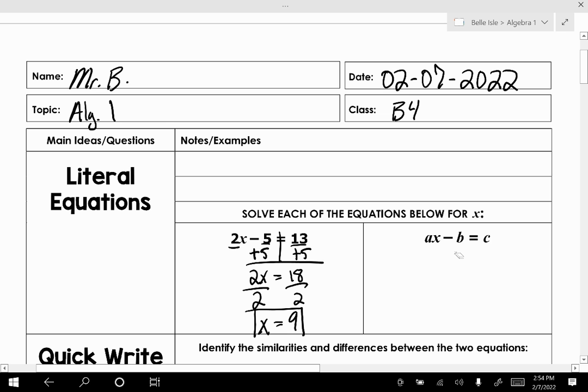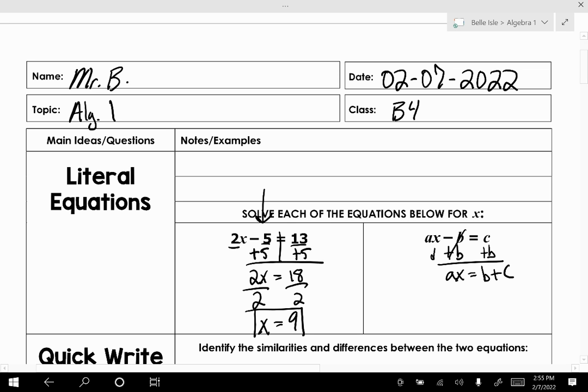Okay? So, what did we do on our first step over here? You added 5, right? So on the right side, you're going to do what, Quincy? Yeah. You're going to add b to both sides. Okay? So now I've got ax equals b plus c.